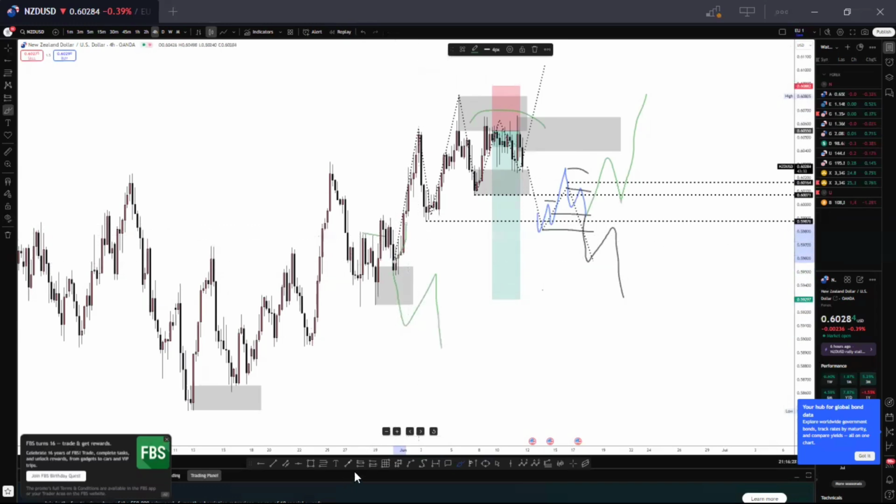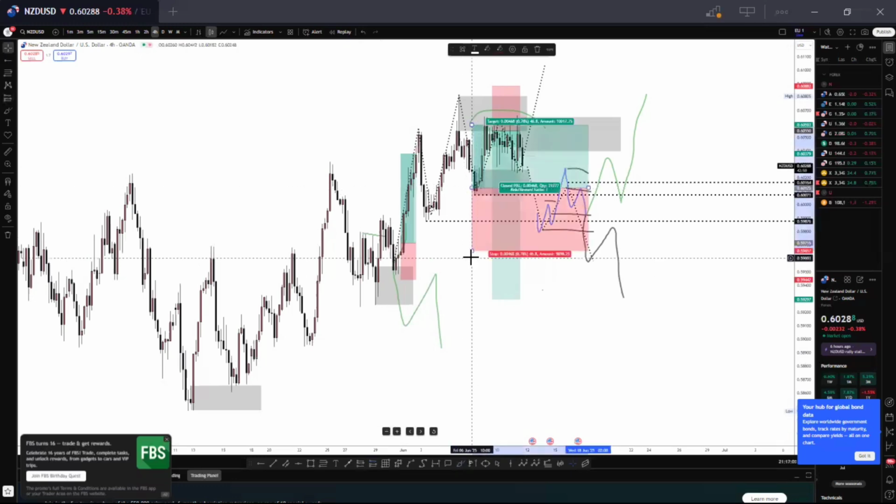And then you can join in here, your asset here, and target this high. You can still be in a buy here on this low.